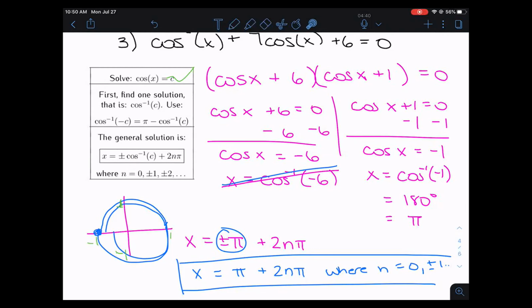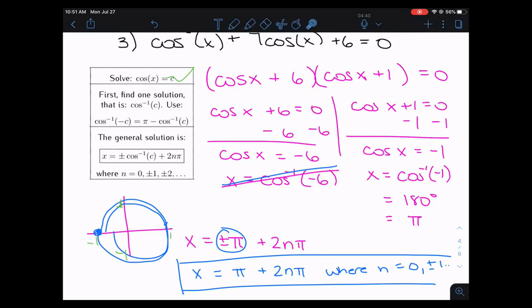So we're actually going to have plus or minus pi, and we're going to go around that 2 times.